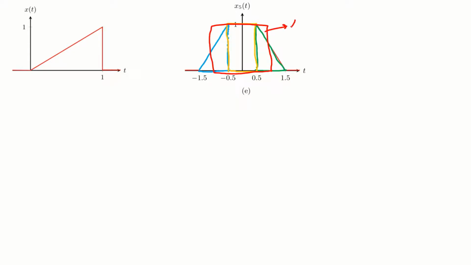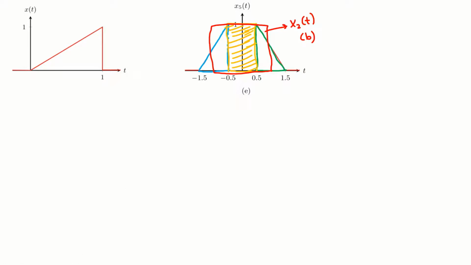Okay, this is x2(t) from part B. And now this yellow part here is actually the compressed version of that x2(t).